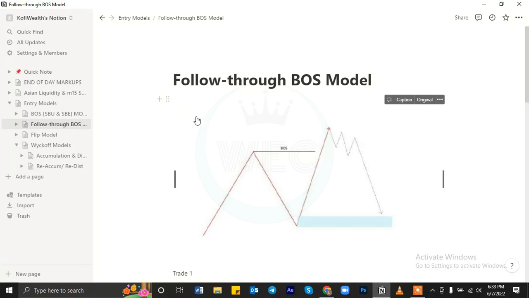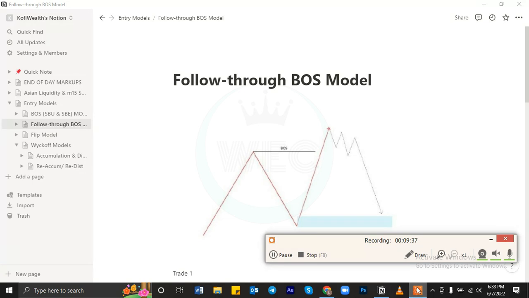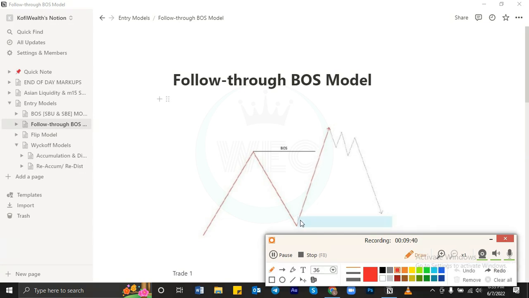With this kind of entry, sometimes you can come onto the chart and you are not going to see the 1 minute doing something like this. You're not going to see the 1 minute give you this kind of confirmation.